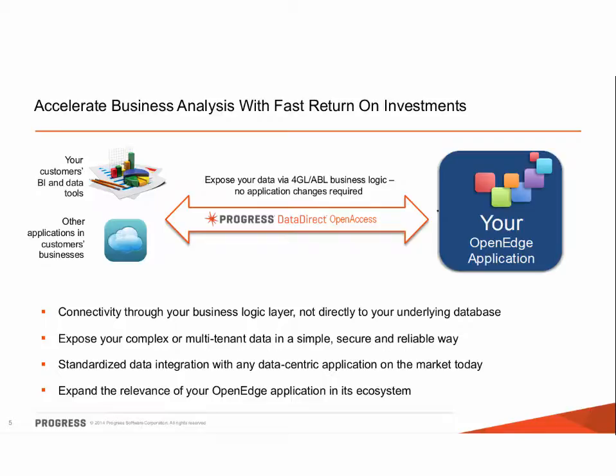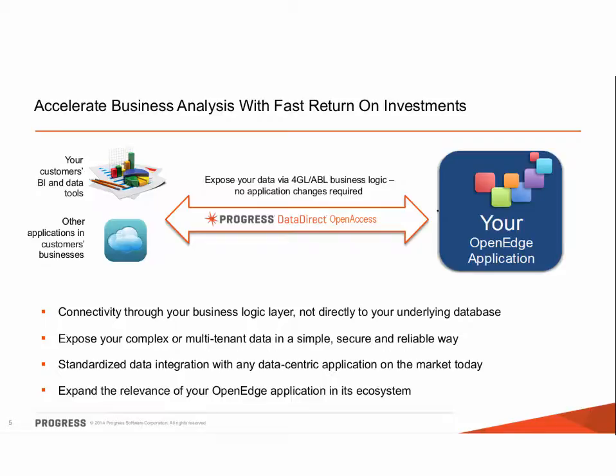So in this diagram, you can see we're building some customized data access into the OpenEdge application, which controls the OpenEdge data. We're exposing that data via either 4GL or ABL business logic. No large application changes are required to do this.